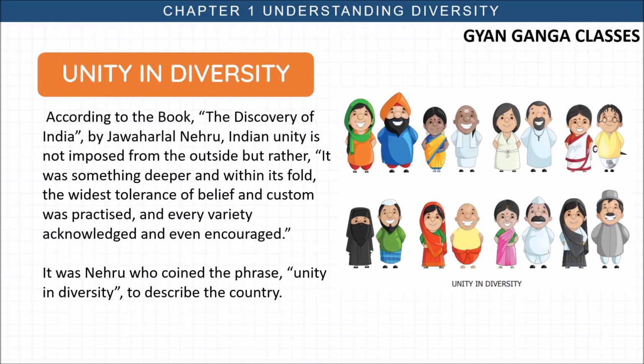What he said is that India's unity is not something that is visible at first glance. It is something that can be felt, that is deeper. It is the belief and the practice that we use and the variety of things that we acknowledge or encourage about each other. That is the unity in this diversity.